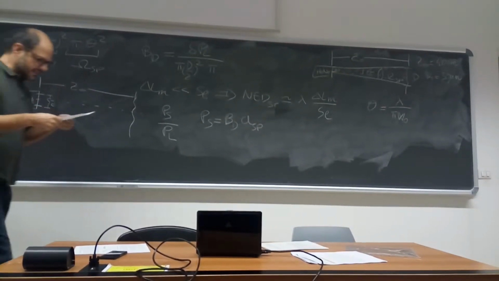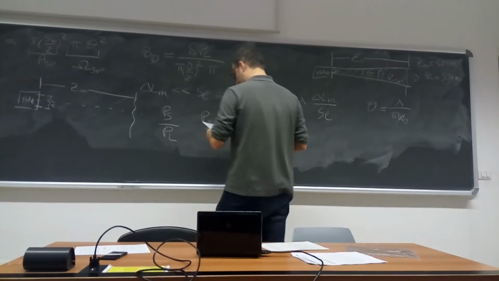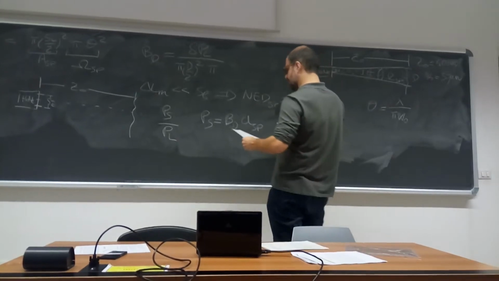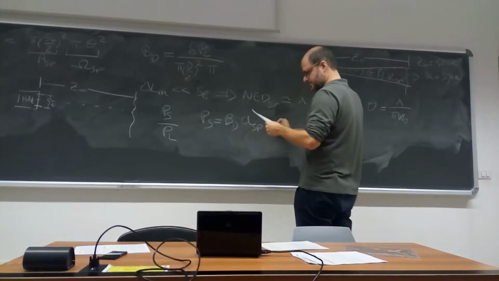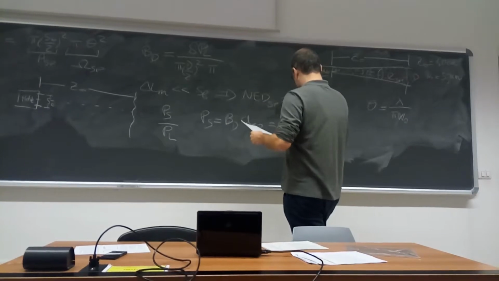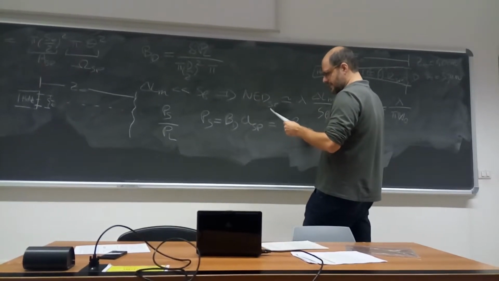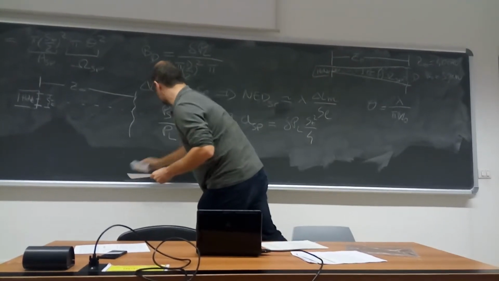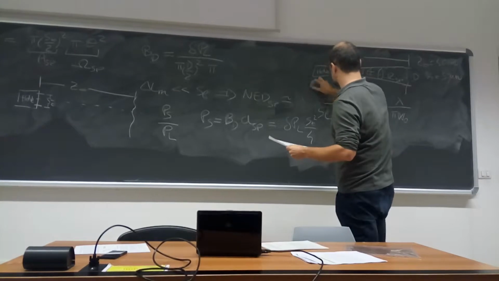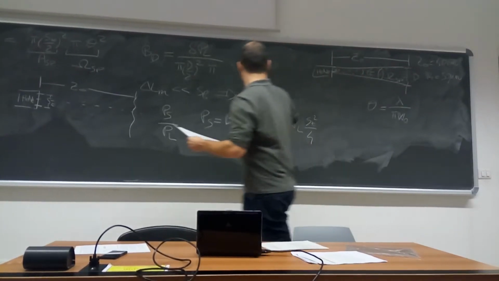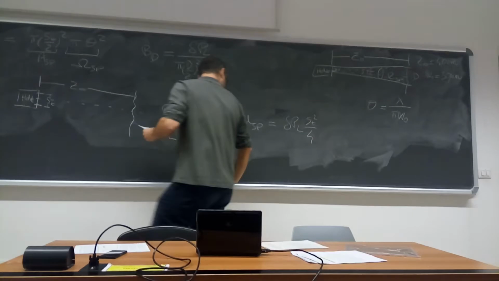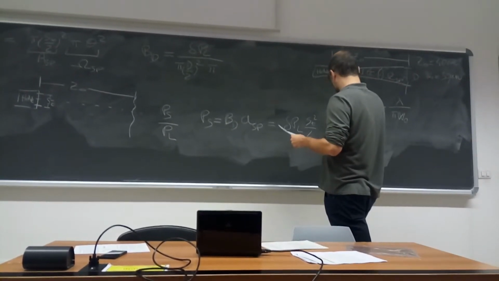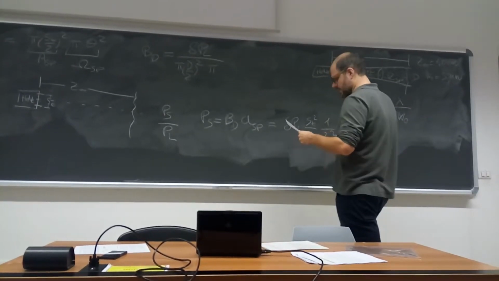So we can put in numbers, but anyway, what you will see is that PS becomes equal to D, PL, st squared over 4, multiplied by 1 over Z0 squared.